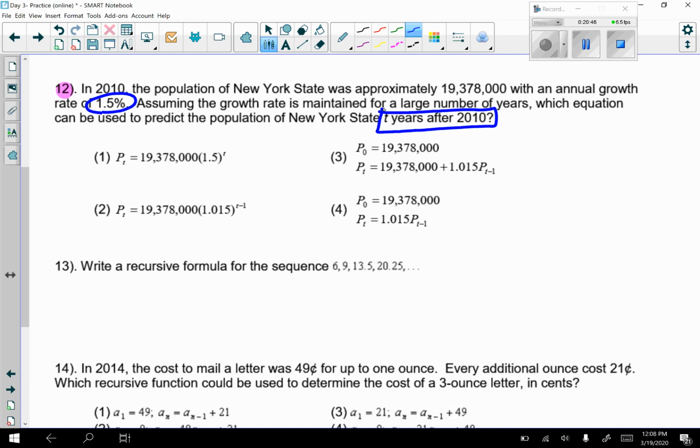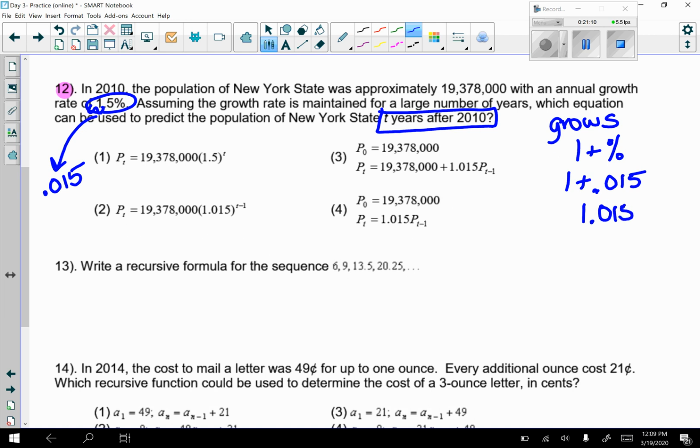Now, what I do know is that if I'm growing by a percentage, that means I have to do 1 plus the percentage. And my percentage needs to be converted to a decimal. So this is going to move 2 places and become 0.015. So 1 plus 0.015 gives me 1.015.